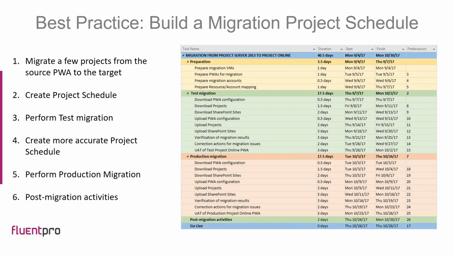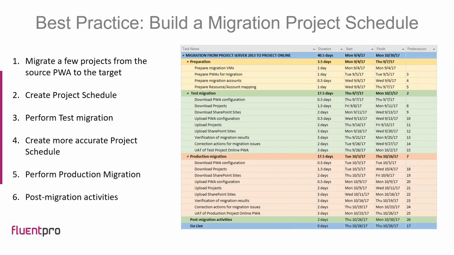Another best practice is building a migration project schedule with a detailed list of tasks that need to be done during data migration, and with some estimates for each of the tasks.